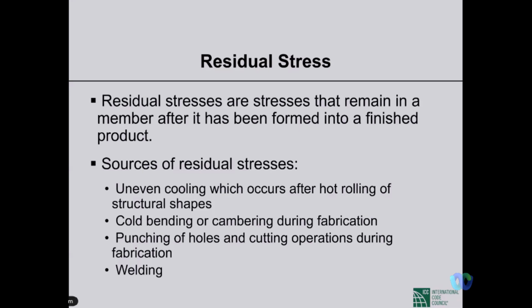At some locations the cooling happens faster, at other locations slower. If some part of something in your hand is cooling very fast and some part very slow, you can feel that there will be stresses, because at some location it will try to contract, at another location it will try to expand, and that will cause stresses internally. So that is the source of residual stresses, uneven cooling.